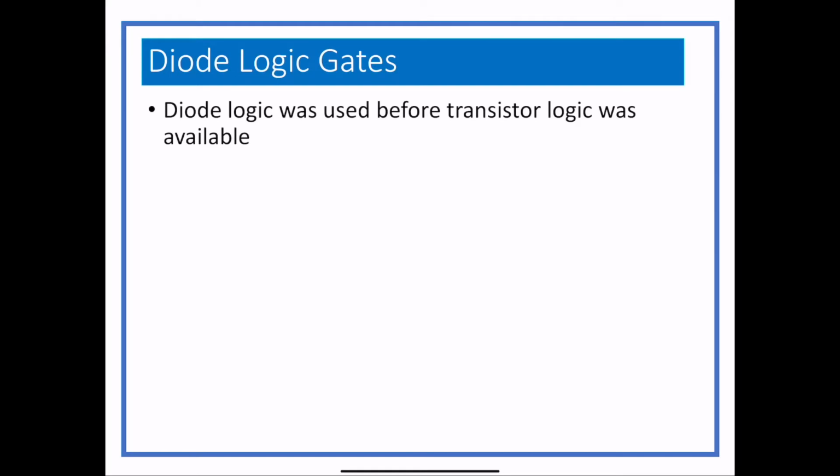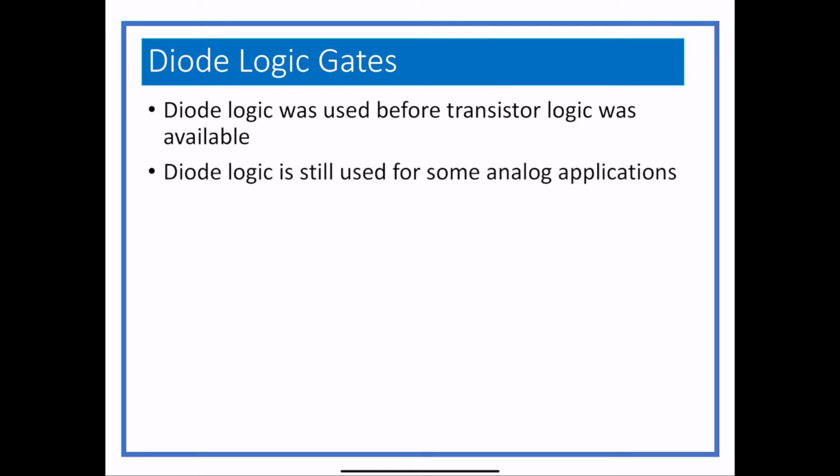The early logic gates were made out of diodes, and for some applications they're still used because they can handle signals differently than those tiny little chips that have the whole gate on a chip.